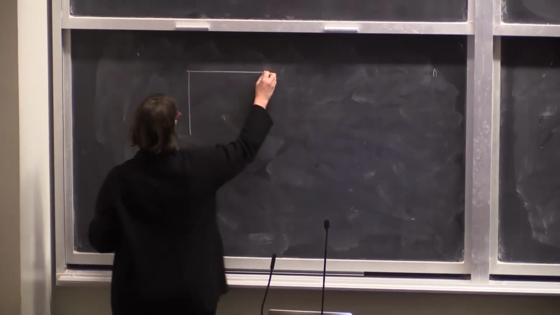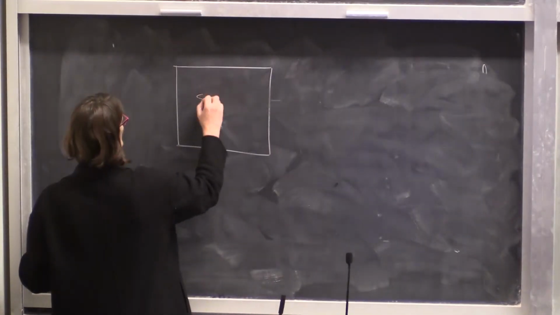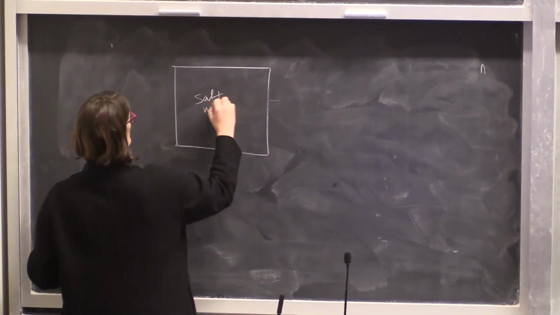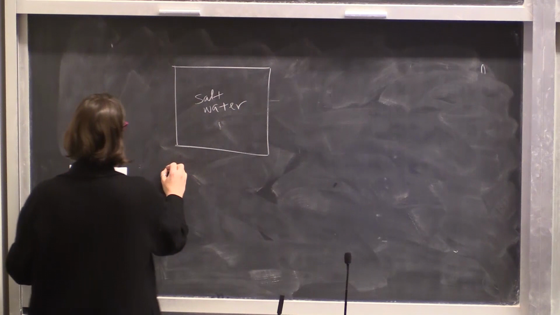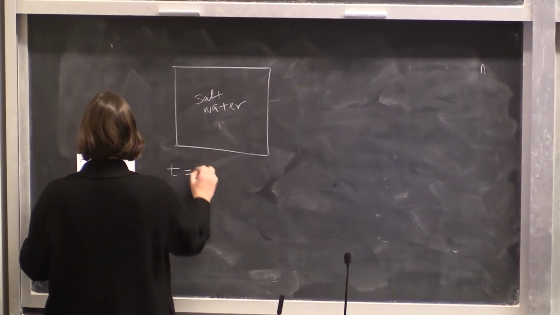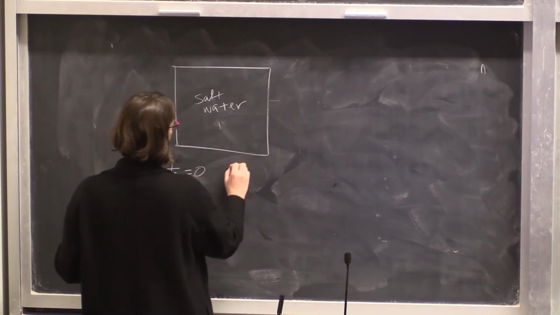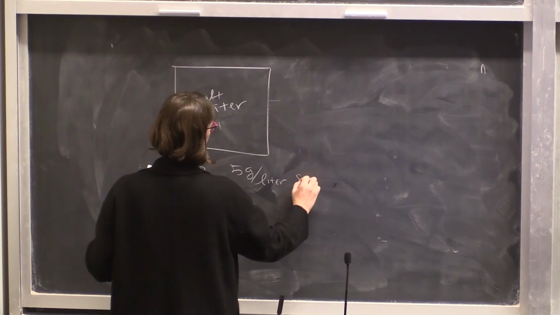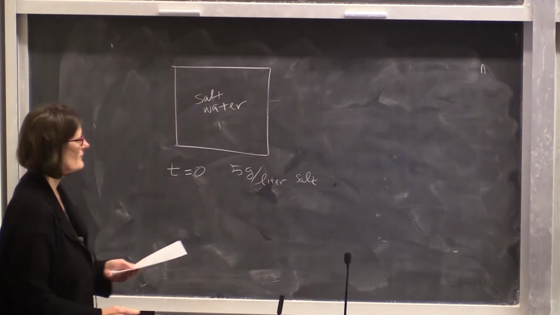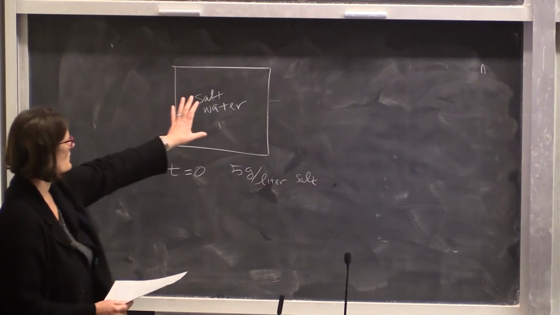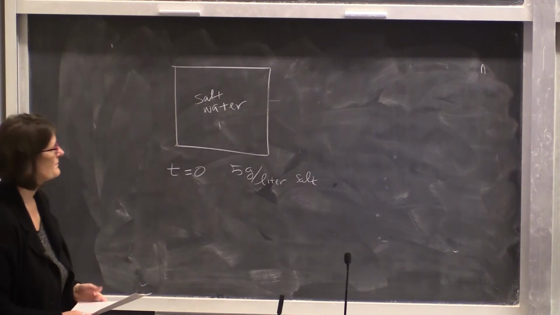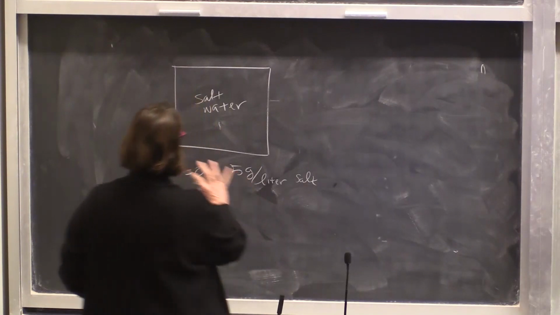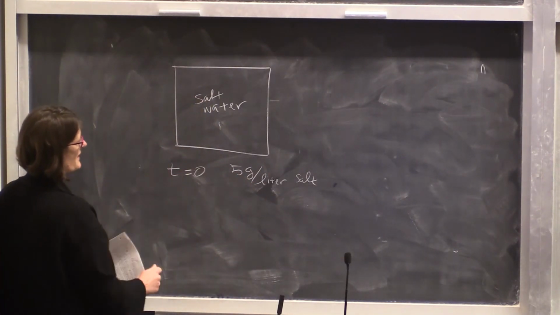It's a classic problem. So you have a tank of liquid. So this is salt water. And at time 0, we have 5 grams per liter of salt. So we have a tank with 5 grams per liter of salt, and up until time 0, that's what we have.